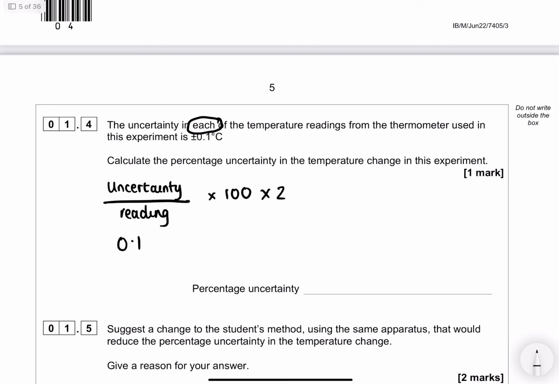So we're going to go 0.1 doubled. Our reading was 8 degrees. So we're going to do that on our calculator. And we're getting 2.5% as our percentage uncertainty.